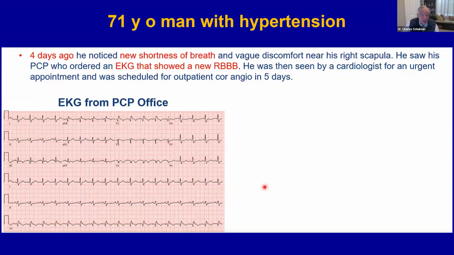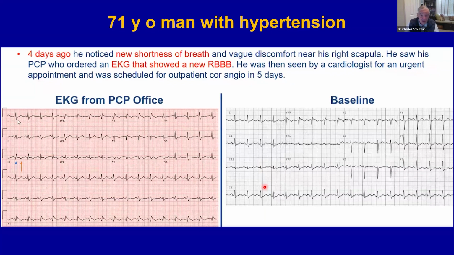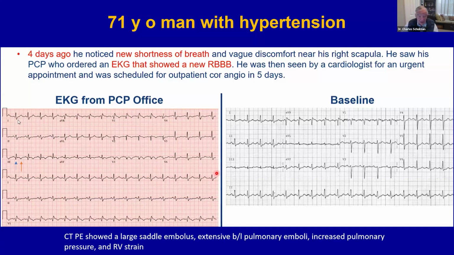But you need to compare this ECG with his baseline ECG, and what you notice is there is an S1Q3T3, and he turned out to have a large saddle pulmonary embolism, extensive bilateral pulmonary emboli, increased pulmonary pressure, and right heart strain.